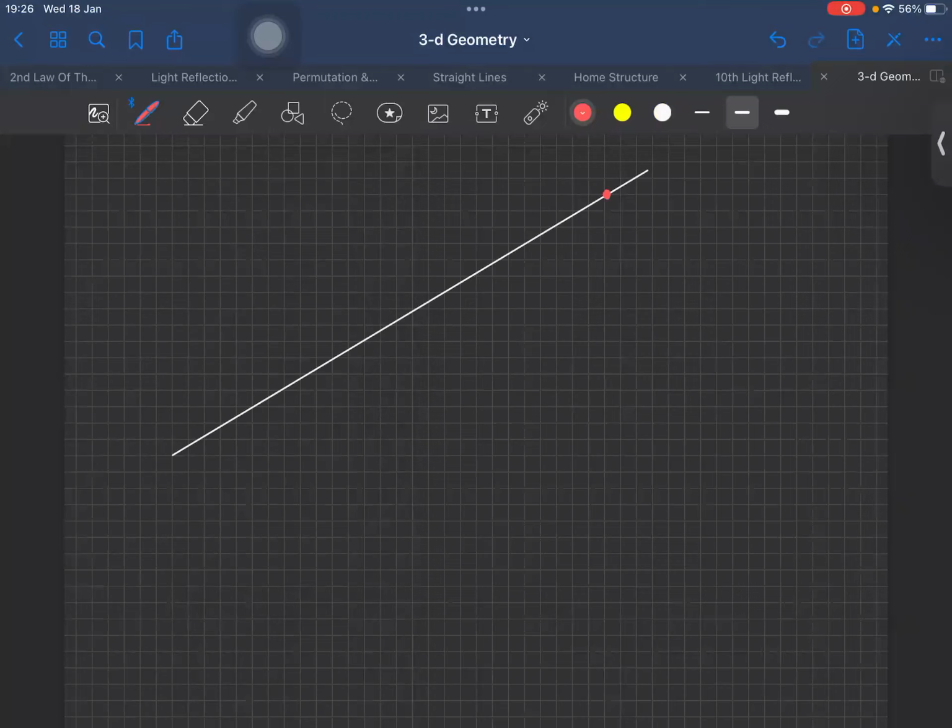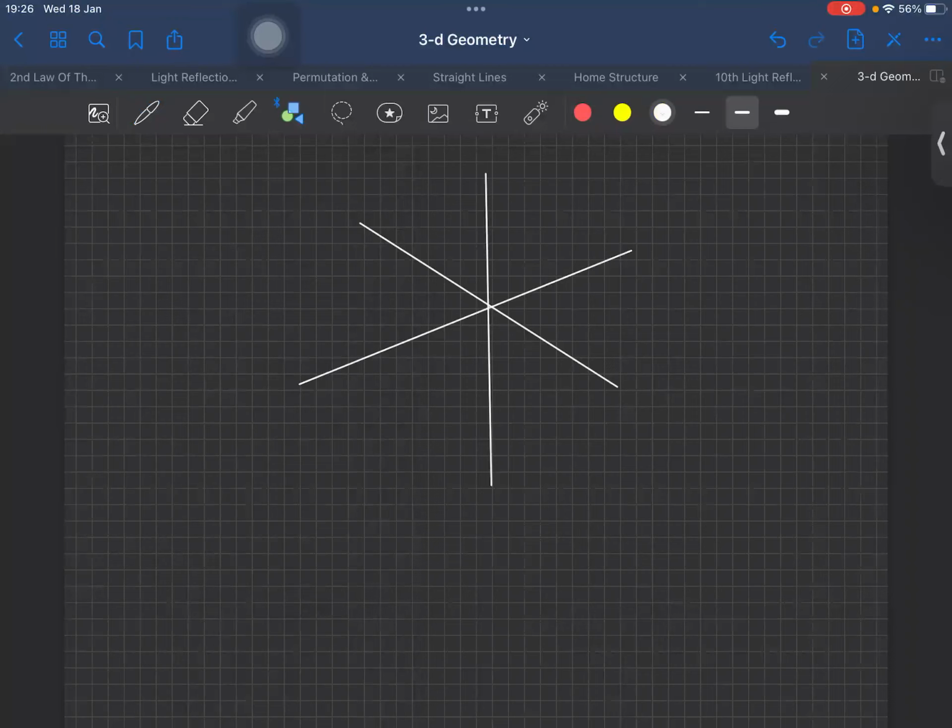It's not necessarily like that. Suppose these are the octants, and I'm just representing the positive side, X, Y, Z. A line is always on the same plane, but how will you determine whether the same plane it is? We haven't studied that plane property, so I'm not telling you about the plane yet.